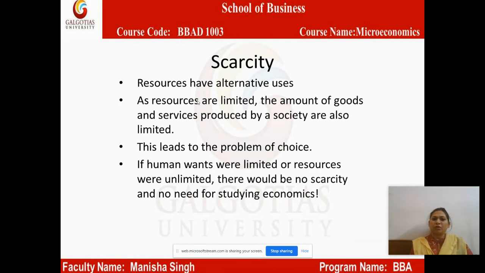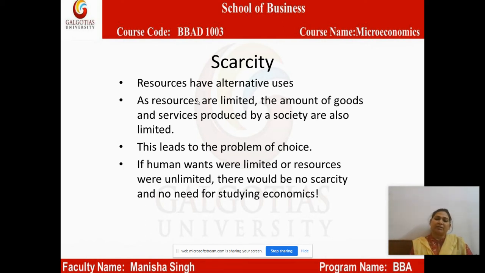So resources have alternative uses, and resources are limited. Because resources are limited, the amount of goods and services that any society can produce using those resources is also limited. When you have really limited resources, you cannot make unlimited products out of that. If inputs are limited, how can the output be unlimited? So because inputs or resources are limited, output is also limited.